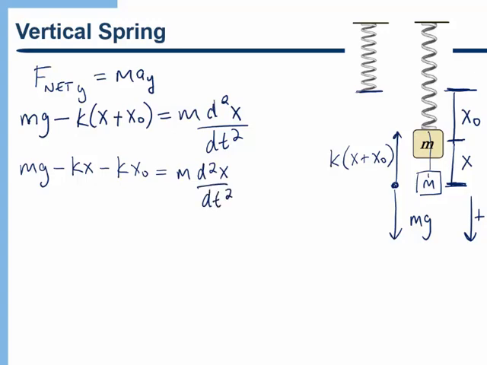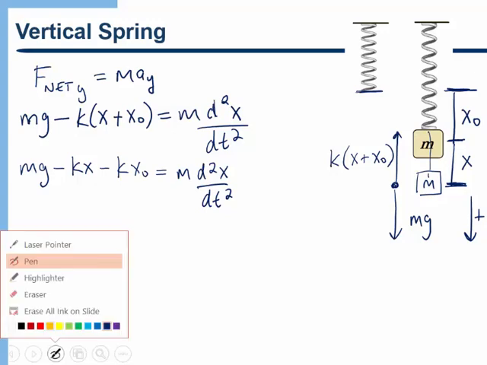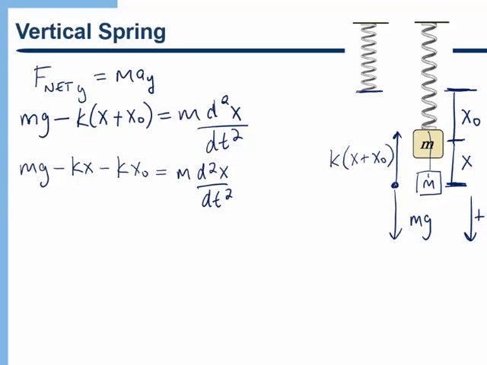But remember, we showed on the previous slide that kx naught is mg. And therefore, since kx naught and mg are the same thing, notice that this term and this term go away. And my differential equation is now just negative kx is equal to m d squared x dt squared.